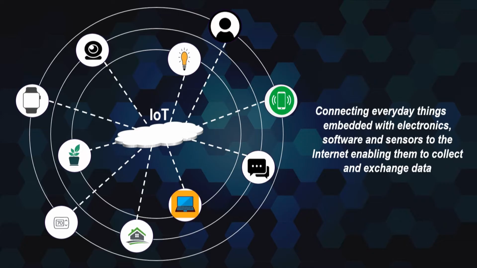That means a normal fan or light cannot be connected with the Internet of Things. It should be embedded with some electronics equipment or electronics chip or software or sensors, and then it will be connected to the internet and it will enable them to collect and exchange data.